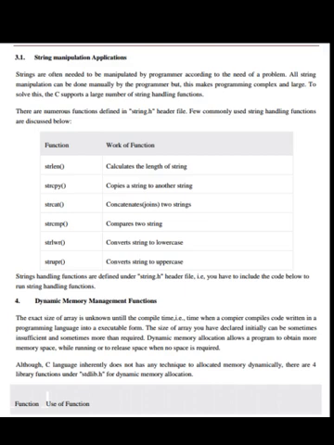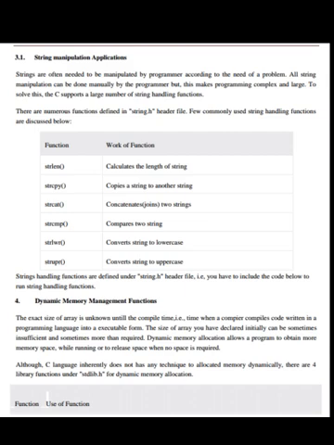Dynamic memory management functions. The exact size of an array is unknown until compile time, that is, the time when a compiler compiles code written in a programming language into an executable form. The size of the array you have declared initially can sometimes be insufficient and sometimes more than required.